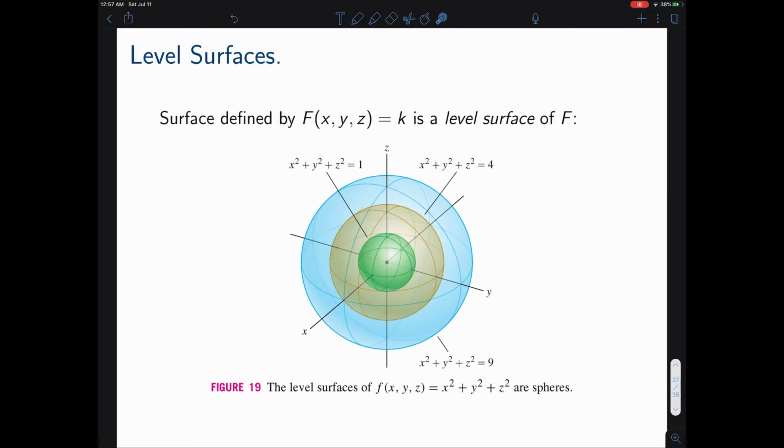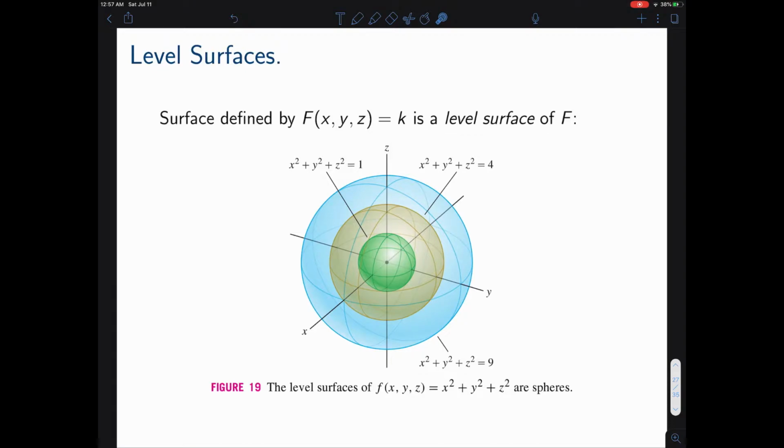We met these briefly before. Here's a reminder. We have a function f of x, y, z, and we set it equal to k. The set of points where f of x, y, z comes out equal to k is a level surface of f, because it's a whole surface where f has level values.